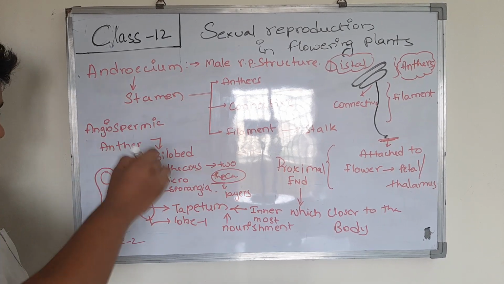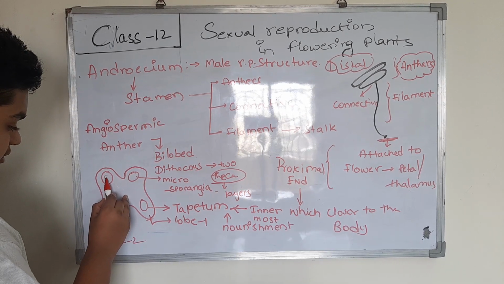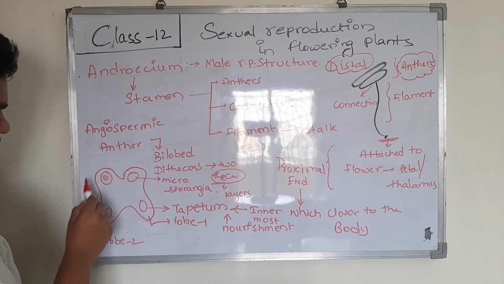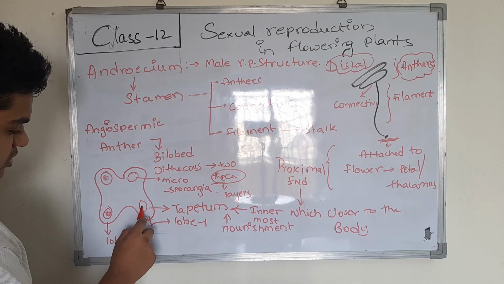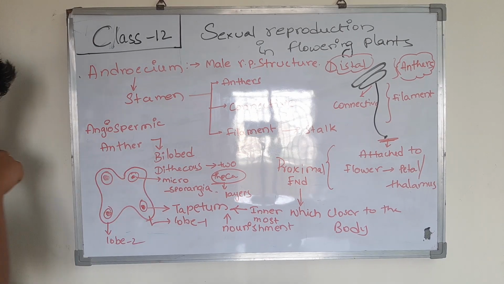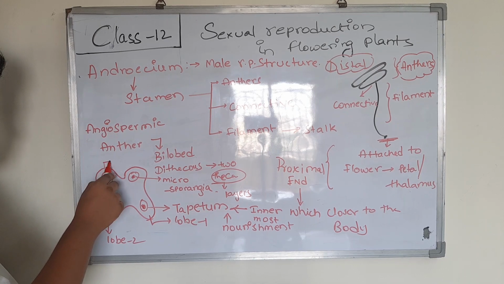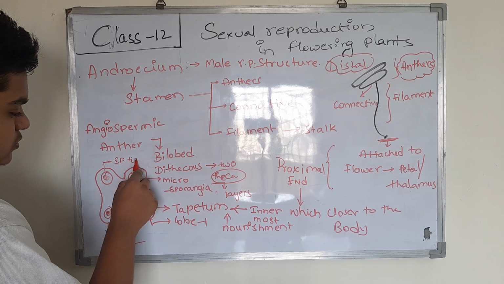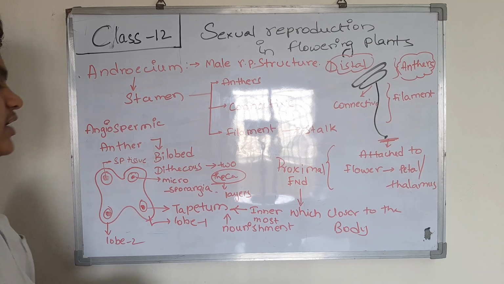Now, in each microsporangia, at center, there is a group of cells called sporogenous tissue. I'll be drawing this next, after analyzing this.